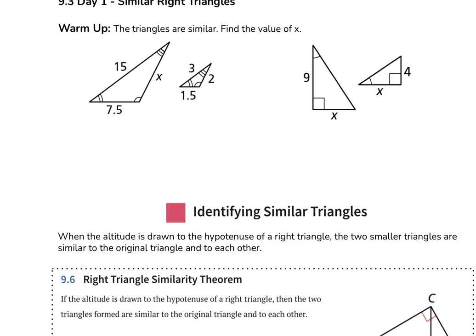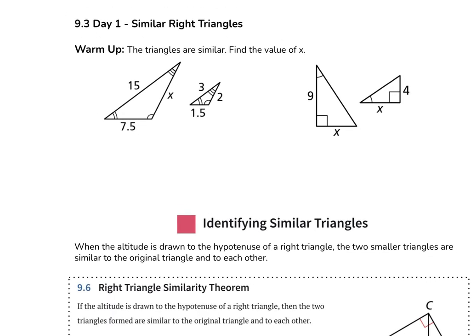These 2 problems are helpful for what we're going to talk about the next couple of days because we're doing this in day 1 and day 2. We're going to set up a proportion here. And this is probably the most important thing: when you set up this proportion, you have some options, right?